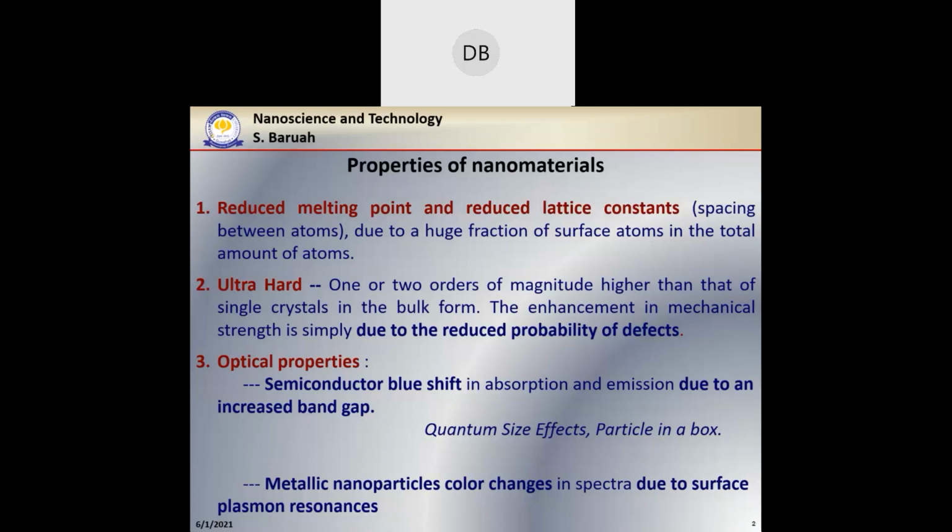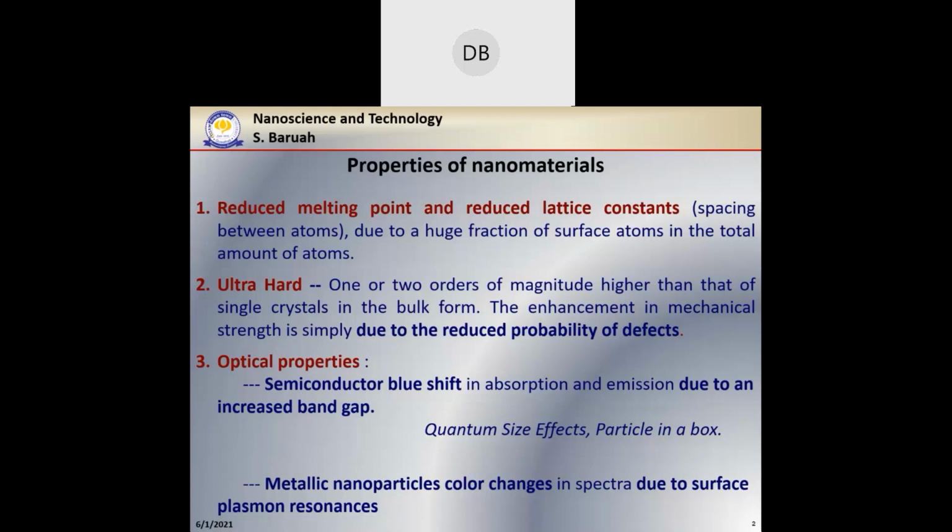Now, how does that happen, or what exactly happens there? For metallic nanoparticles, we talk about a term which is surface plasmon resonance. If you look at the bottom of the slide, it says metallic nanoparticles' color changes in spectra due to surface plasmon resonance. Now, what exactly are these surface plasmons?